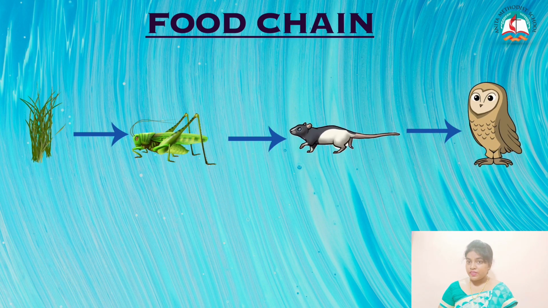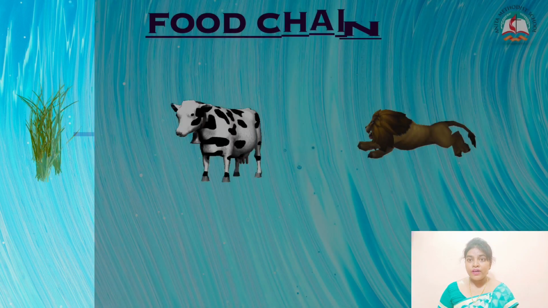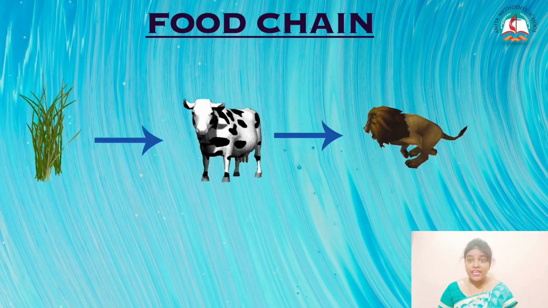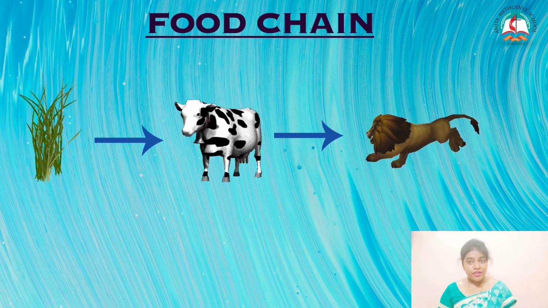Grasshopper eats the grass and rat eats the grasshopper, and then owl hunts the rat, right? So this is one example for food chain. And the other one, cow eats the grass and lion hunts the cow.